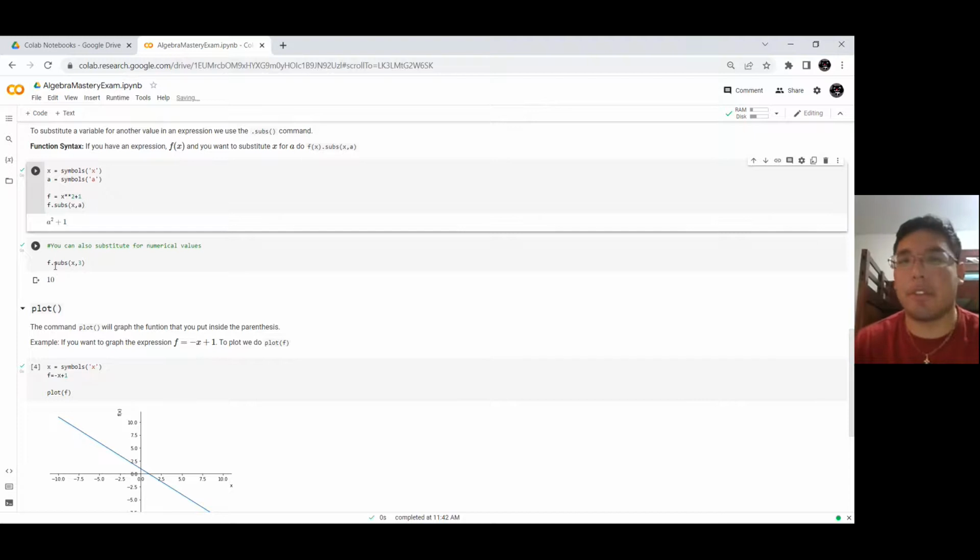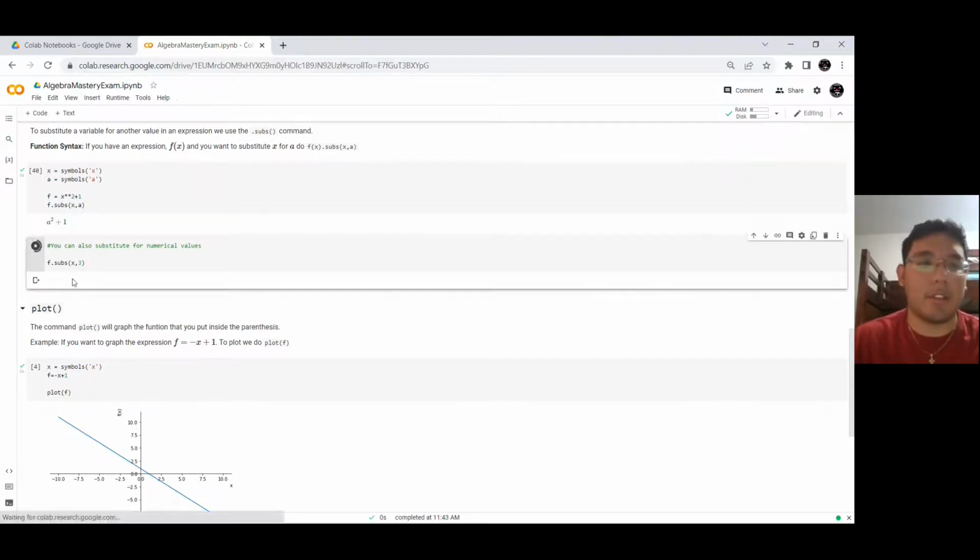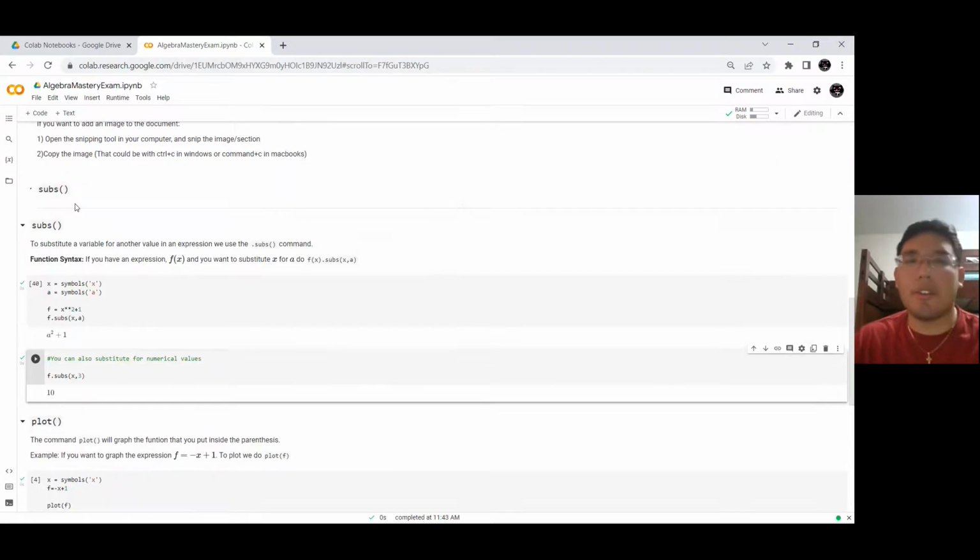If I wanted to say f of 3, I would put f dot subs x comma 3. So a variable that you want to change, with the value that you want to add. In this case, 3 will go into the x value, so it would be 3 squared plus 1, so that's 10, and this should give us the value. So yeah, that's how you use subs.